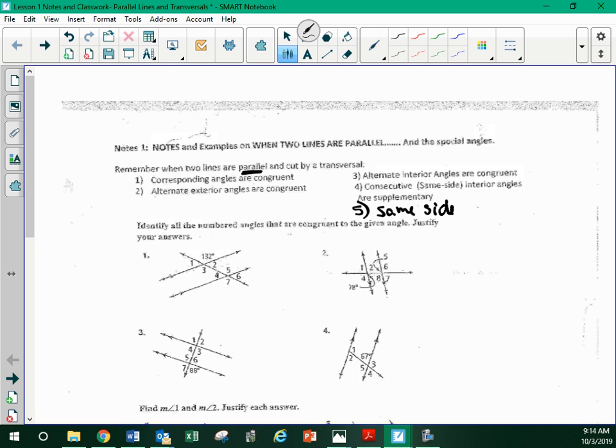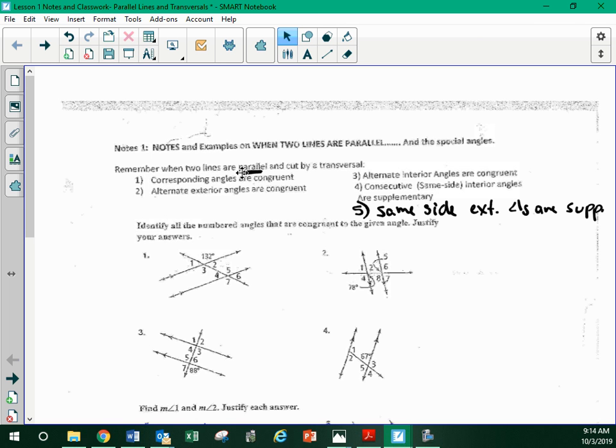Same side exterior angles are supplementary. So we got 4 more theorems in our pocket. Again, I'm okay with abbreviations like corr. angles, alt ext, alt int, but I do need you to write out same side interior, same side exterior, not just S.